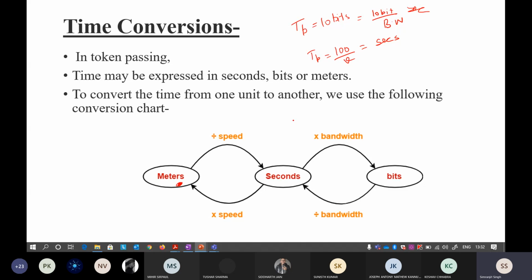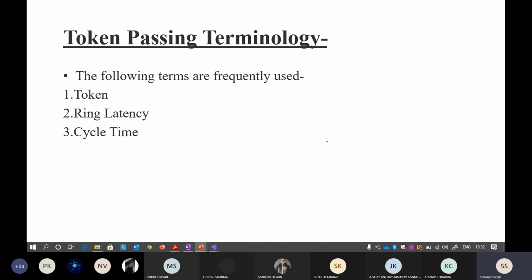Okay, so I can take a simple example for conversion here. Suppose I ask how many meters 10 bits is equivalent to, given the bandwidth is 4 Mbps and the velocity is 2 into 10 raised to power 8 meters per second, that is the speed of light.